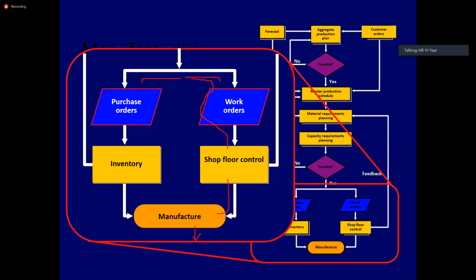For example, if this work order is given to fabrication, after fabrication the assembly people may come and take it, or if needed, the machining department will come and take the part. So this complete product and sub-assembly part will be staged like this here.